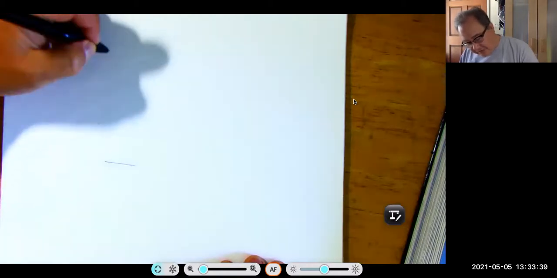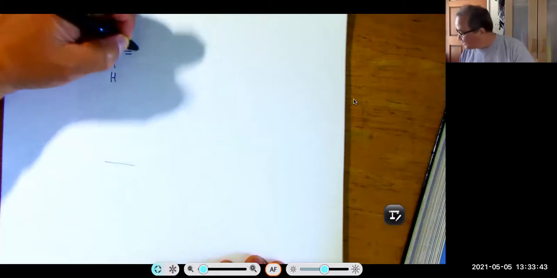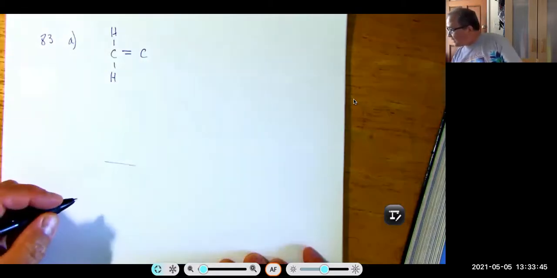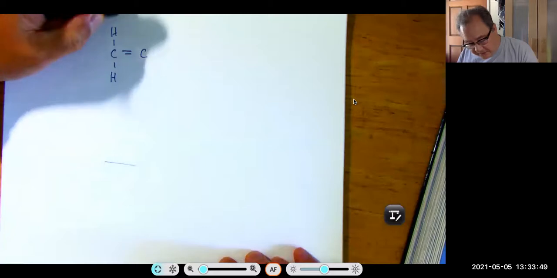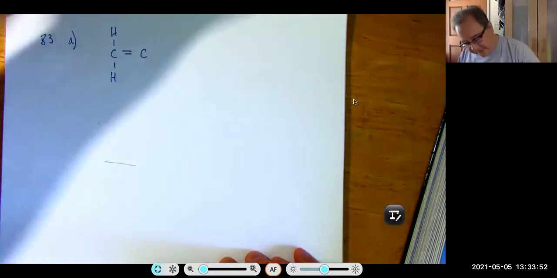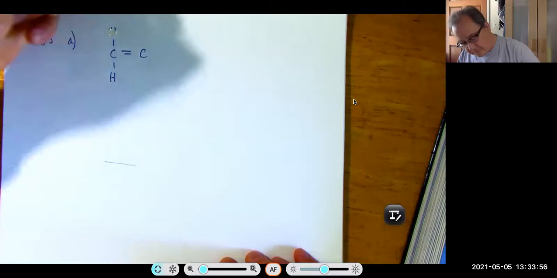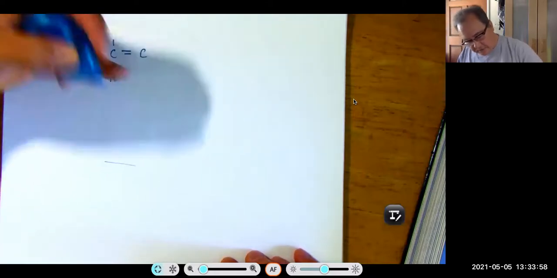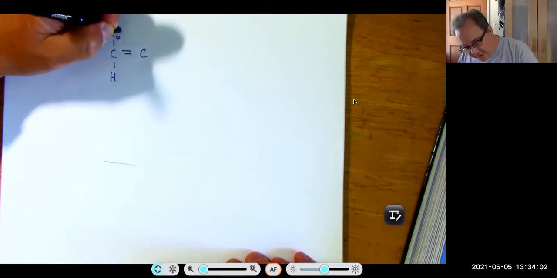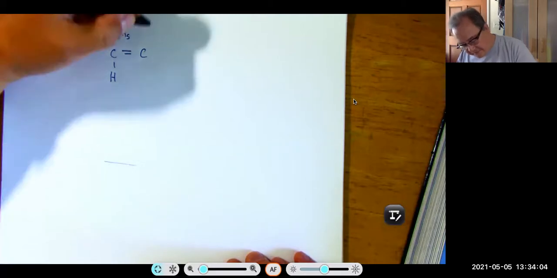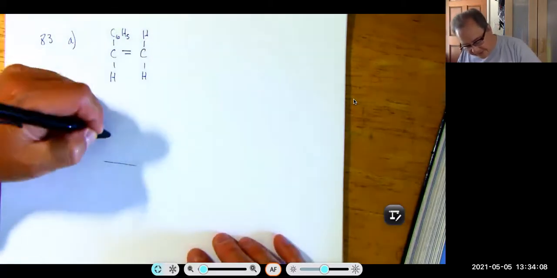This is styrene, and I'm writing it not in the form the book gives it to us, but in the form that will allow us to draw this easily from the monomer to the polymer. So they have C6H5, right? Yeah. And what that is, it's really this.